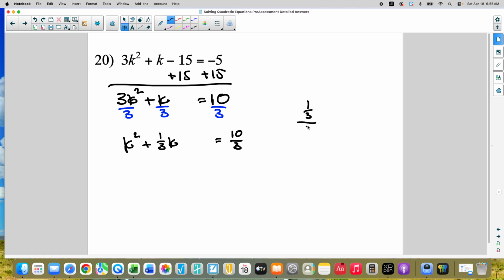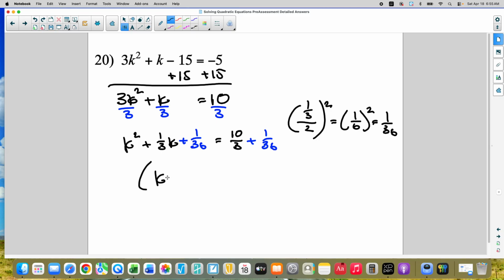I'm going to take half of my b value and square it, which gives me 1/6 squared, gives me 1/36. So I'm going to add 1/36 to both sides.